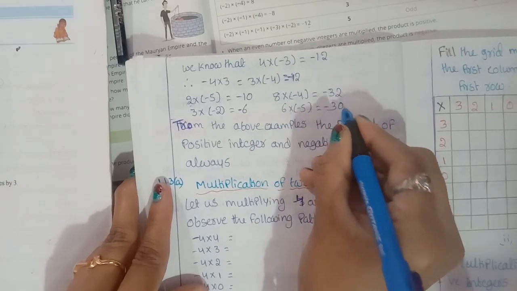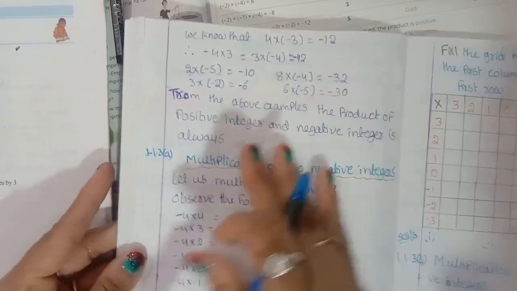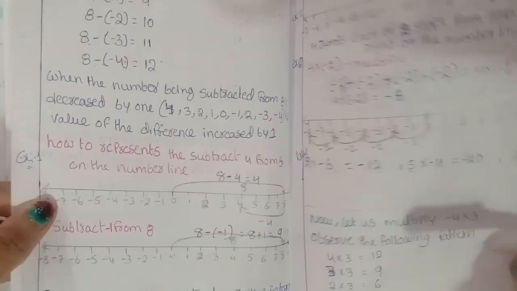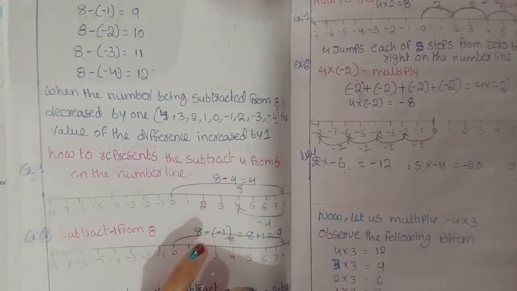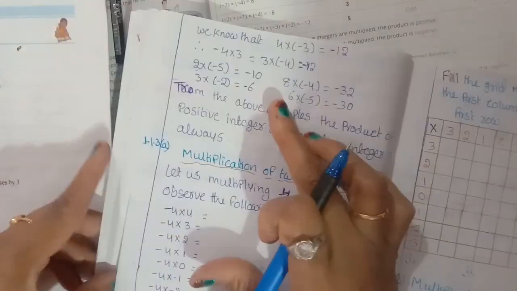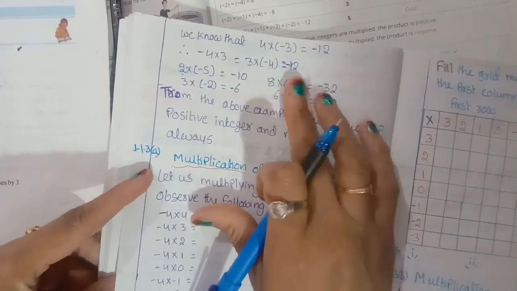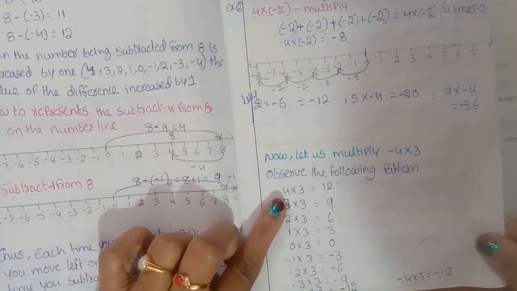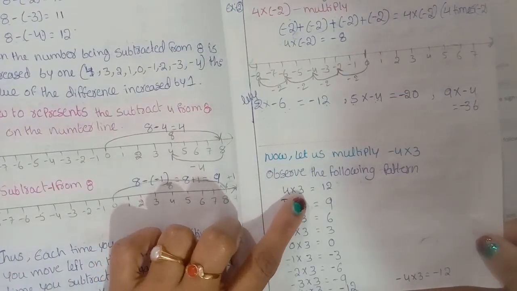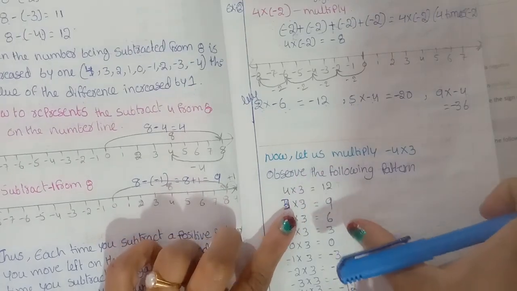Okay, now from all of the above examples, what can you observe here, Gagan? You can observe this pattern. Are you understood, Gagan? In the above examples, the product of positive integers and negative integers: both positive gives positive only.